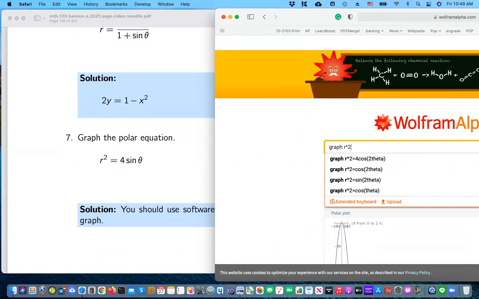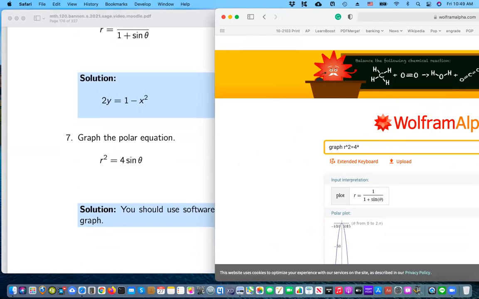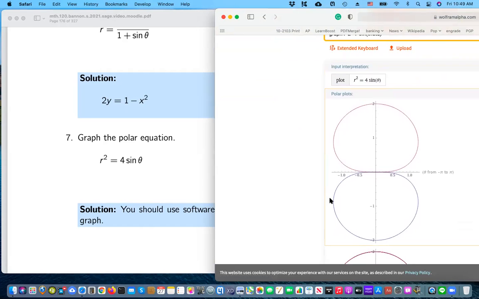R squared equals 4 star sine theta. And again, I don't know where theta is on the keyboard. Actually, it's there for you, but don't worry about it. Type in the word theta. Let's do that. And let's see what it gives us a picture of. I'm going to scroll up. Not bad. We got the picture of it. All right.